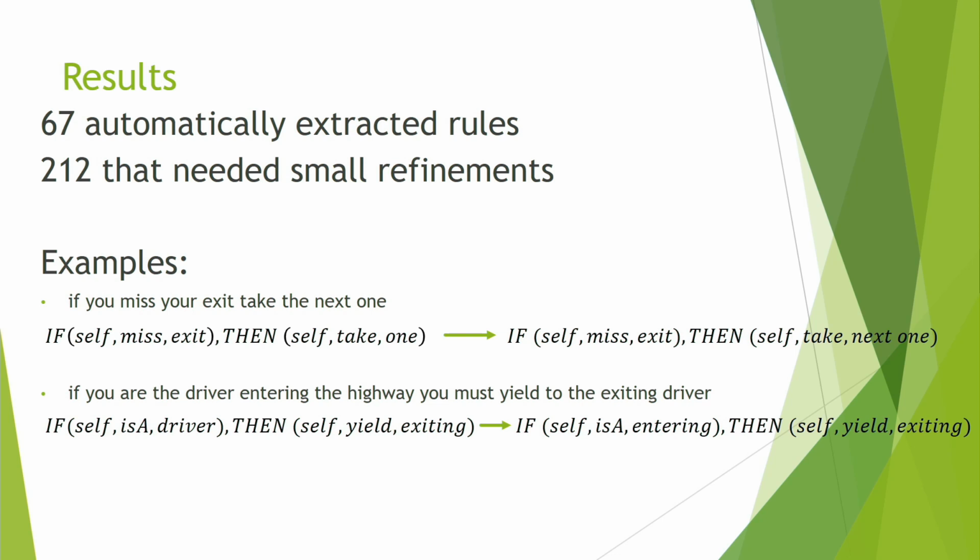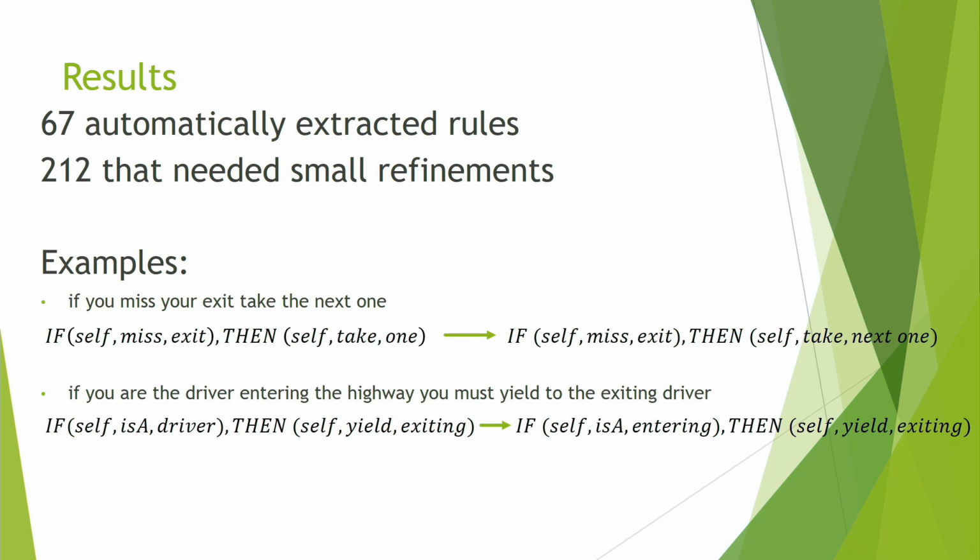As for our results, we extracted 67 rules in an automatic way, and about 212 needed some small refinement. As you can see in this example, the plain-text rule says that if you must exit and you miss your exit, you must take the next one.